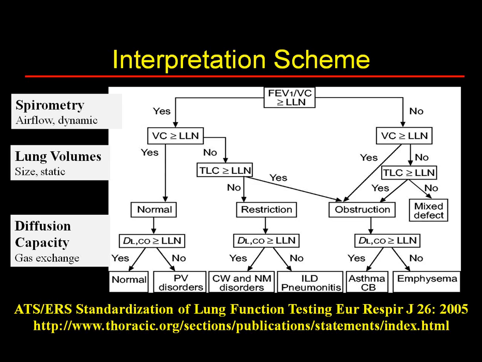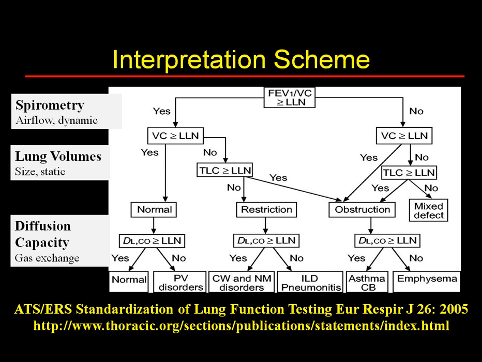Pulmonologists typically don't order spirometry alone. They would order spirometry along with lung volumes and/or a diffusing capacity. In contrast, primary care physicians typically not only order but often perform spirometry. And so there's a very large universe of spirometry performed alone.